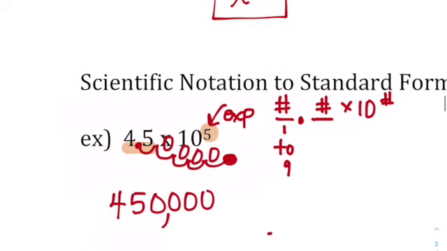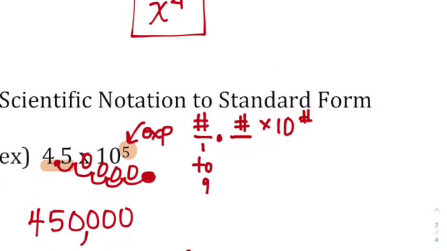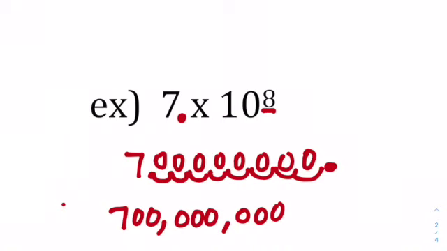So you guys try the next one. The answer for the next one is the decimal ends up at the end on the right hand side of the 7, which is right here. And then because the exponent is 8, I need to have 8 decimal places after the 7.